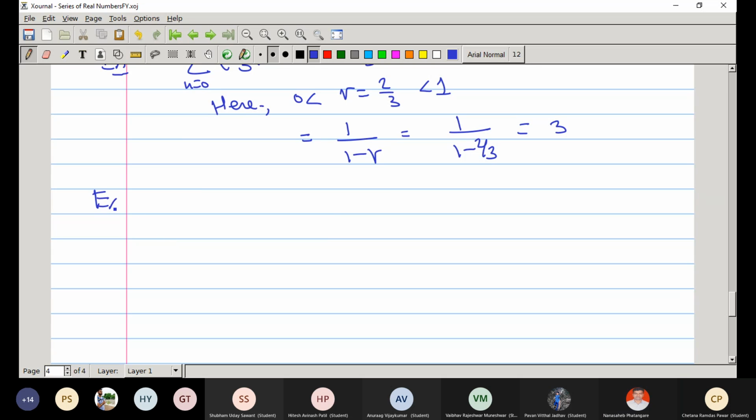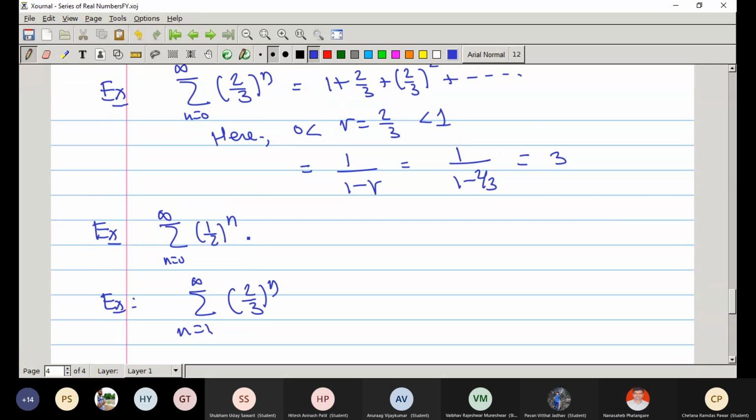So now think about 1 by 2 raised to n, n from 0 to infinity. You just think about it. Now I am making some small change. So 2 by 3 raised to n, n from 1 to infinity. The same example, what is the difference? The first term.